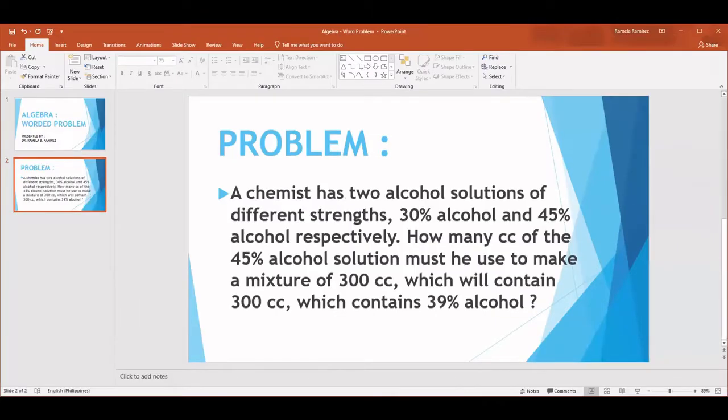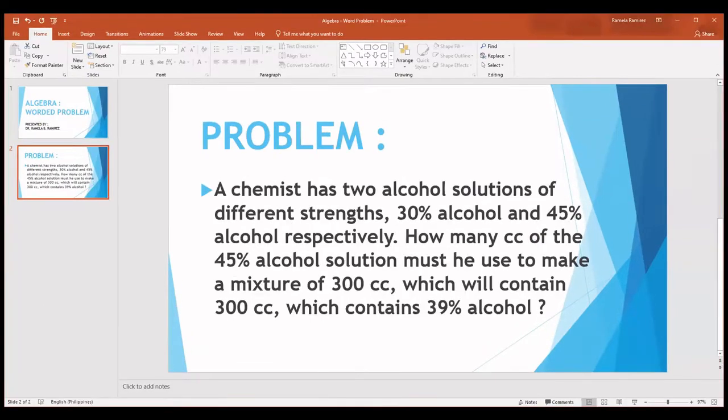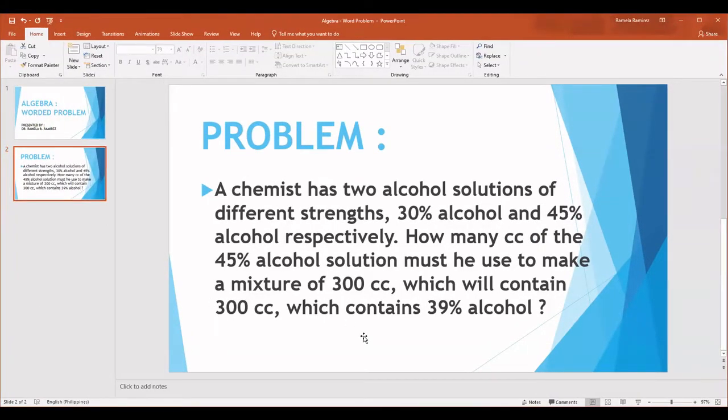we have a chemist with two alcohol solutions with different strengths. The first solution is 30% alcohol and the other one is 45% alcohol, respectively. The question is, how many cc of the 45% alcohol solution should the chemist use in order to make a mixture of 300 cc?